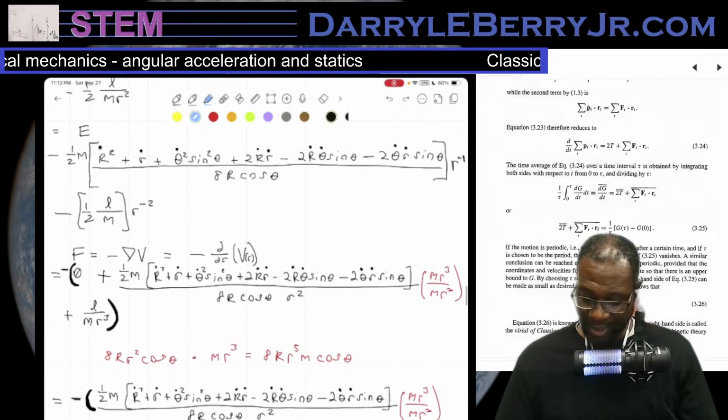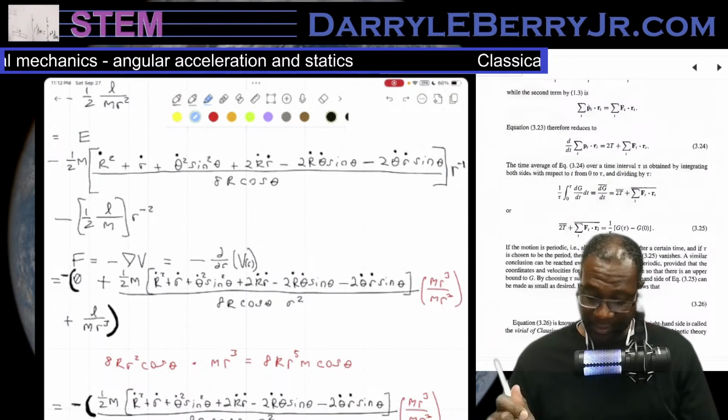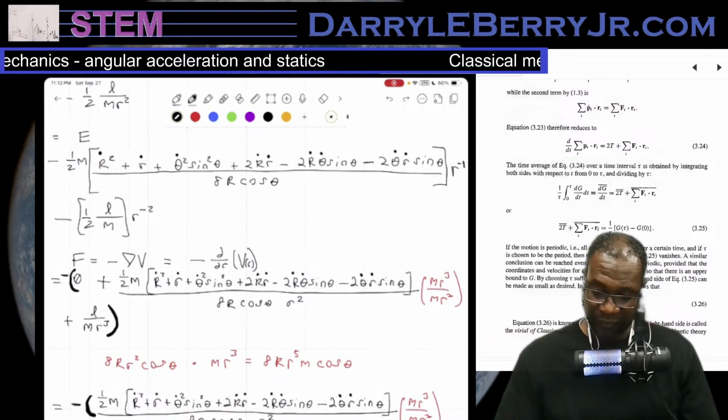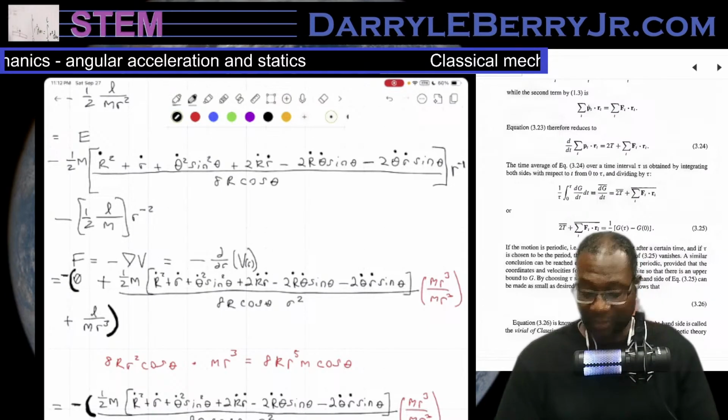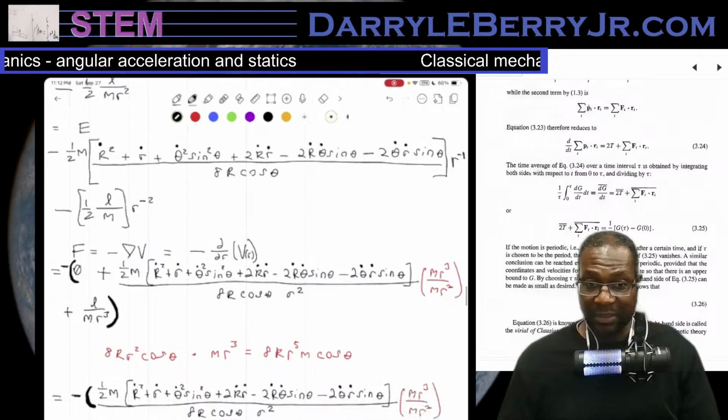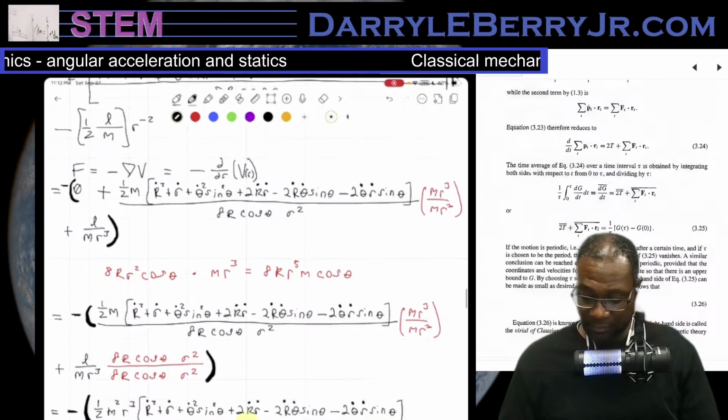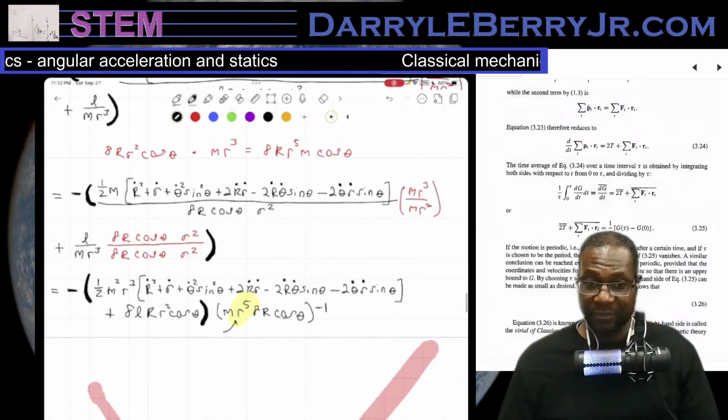Just got to confirm that the force on the particle is proportional to the fifth power of the radius.